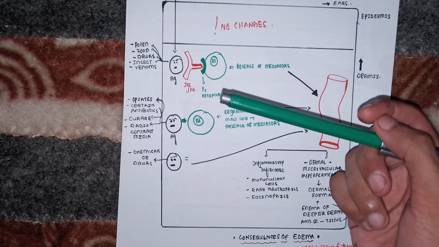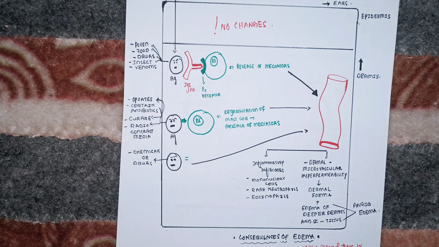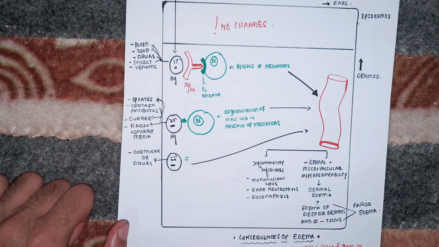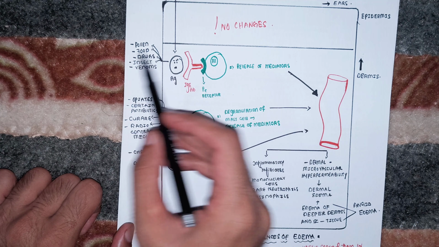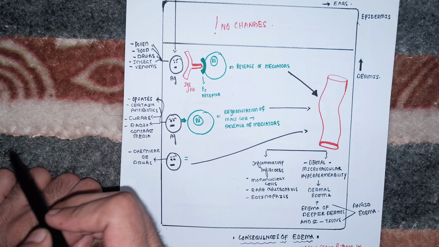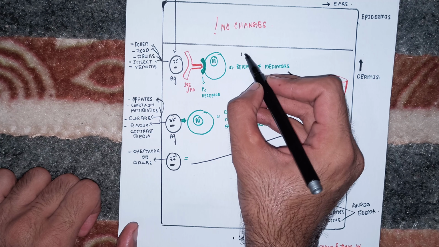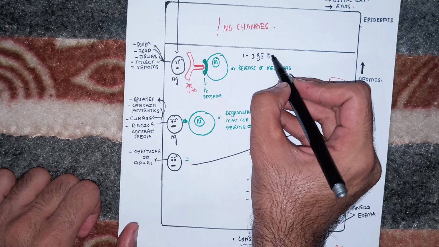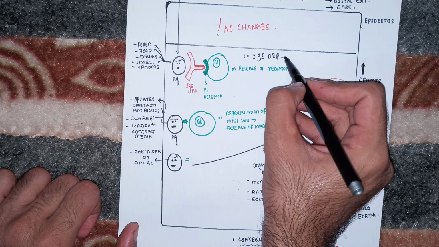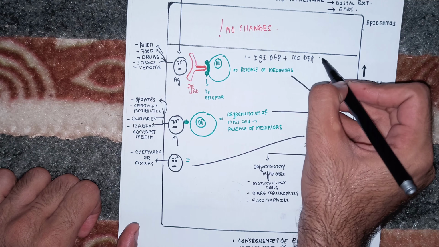So first of all, antigen comes, binds with IgE antibody, and then IgE antibody later binds with mast cell, and it releases mediators and it does something with your blood vessel. So what should be the name for this number one pathway? This should be called as IgE dependent plus mast cell dependent pathway.